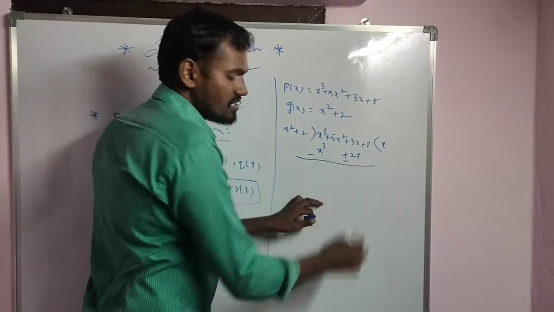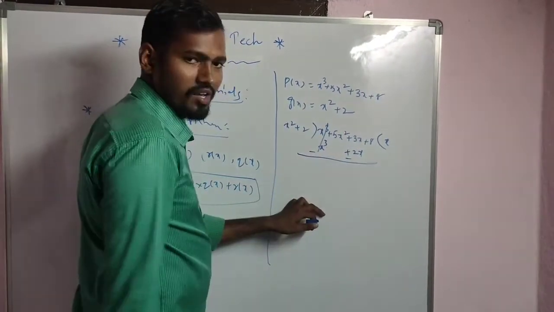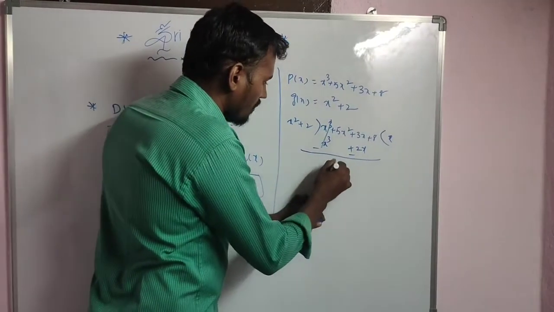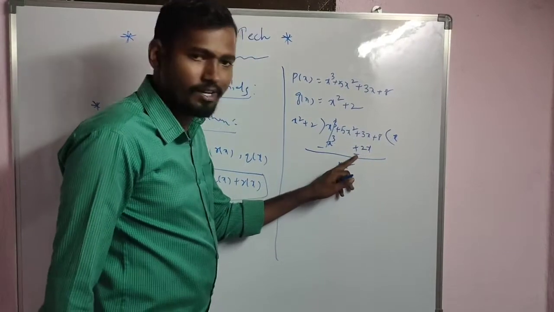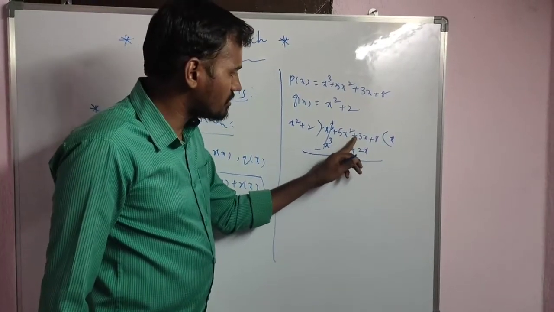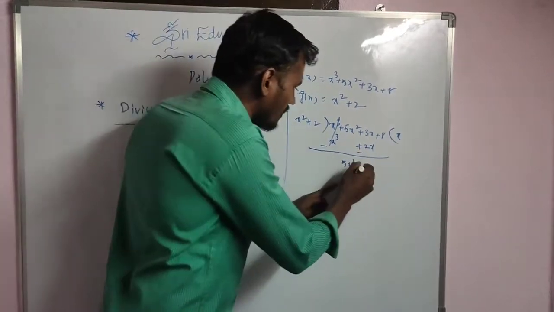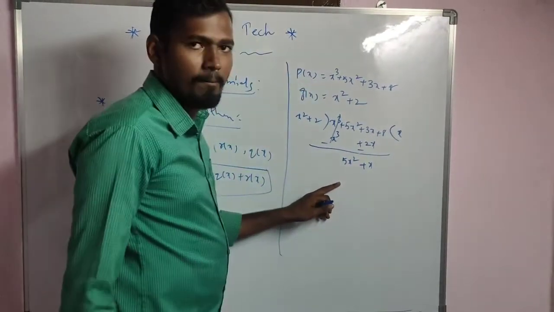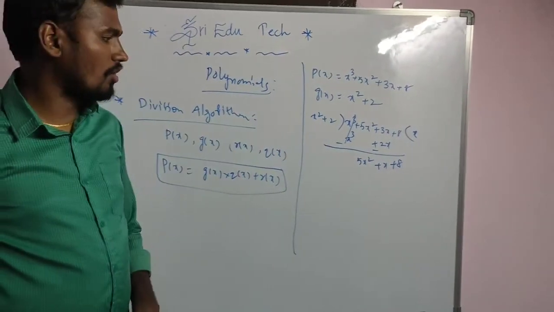Then x cube minus x cube gets cancelled. Then as it is 5x square. Then plus 3x minus 2x is nothing but plus x. Next plus 8 as it is.